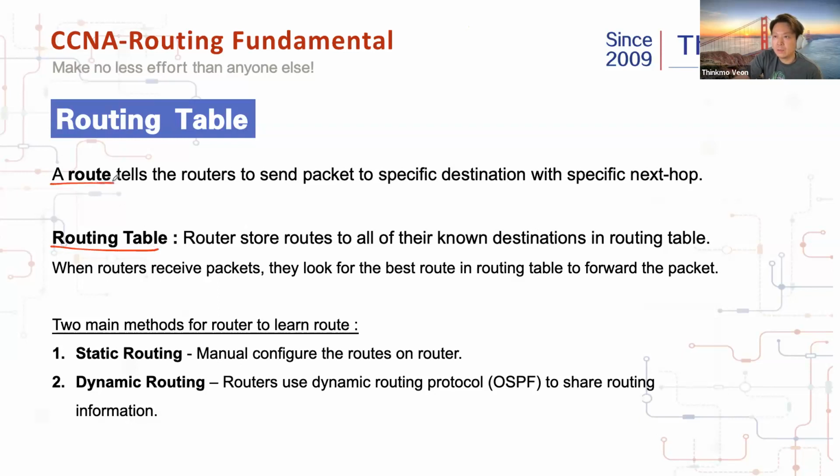A route is just like where and how the router is going to send the packet to the destination with a specific next hop. The routing table will include the destination IP address, and the next hop for forwarding the packet to the destination IP address.